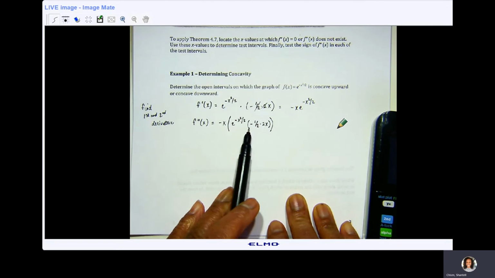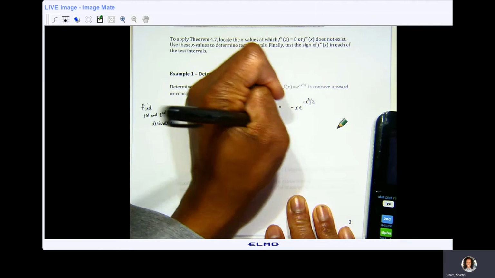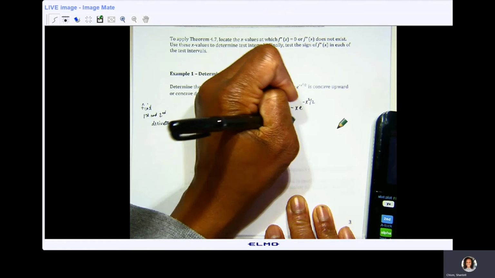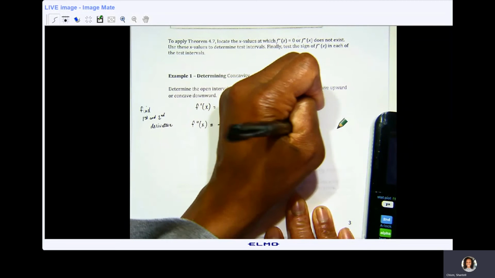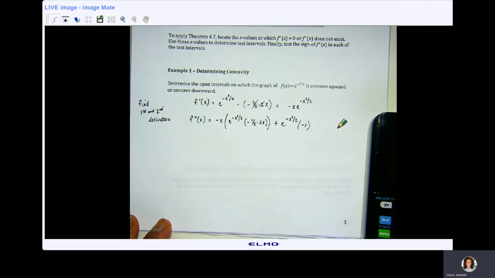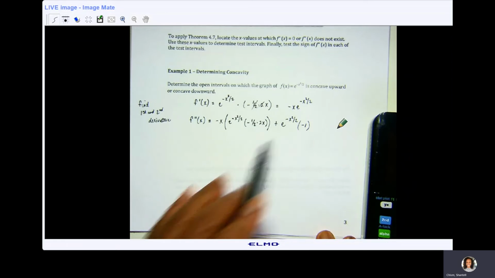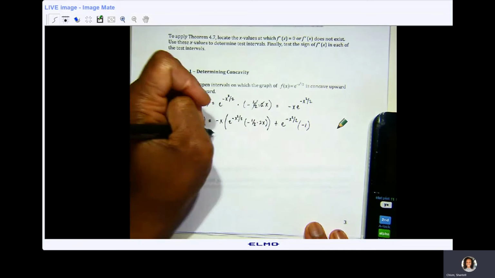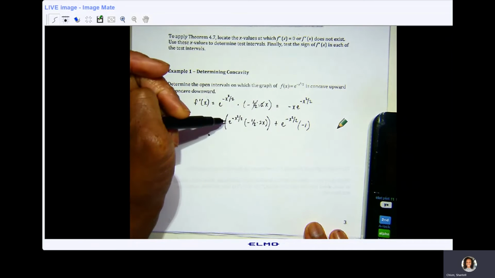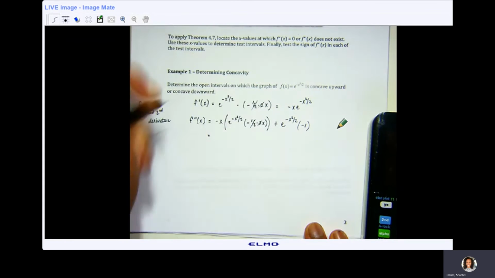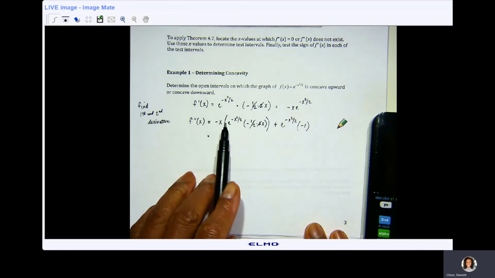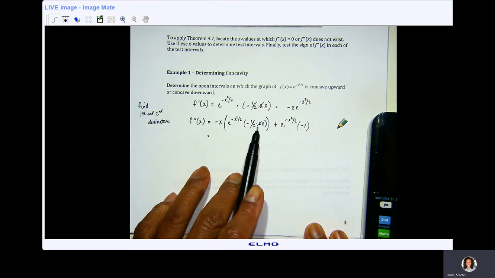So that's first times the derivative of the second, plus the second, e to the negative x squared over 2, times the derivative of the first, which would be negative 1. The derivative of negative x is just negative 1. So we'll clean this up, of course. Right now, this is all a product. So the 2 and the 1/2 cancel out. The negative and the negative are also going to cancel out.